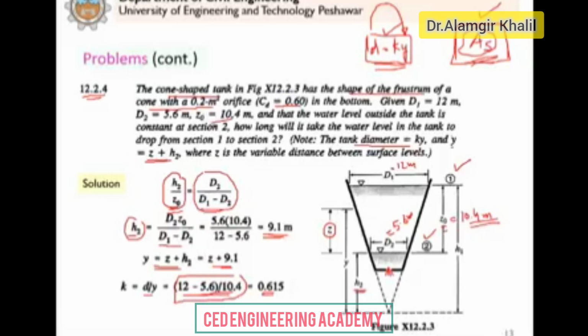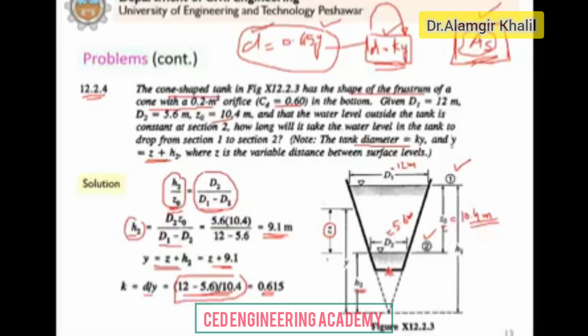In 10.4, what is the change occurring? From 5.6 to 12. So what is the change occurring in 10.4? 12 minus 5.6. So it means that this equation is now equal to D into 0.615 times Y. So now you change the Y, you change the diameter, and you can see here.